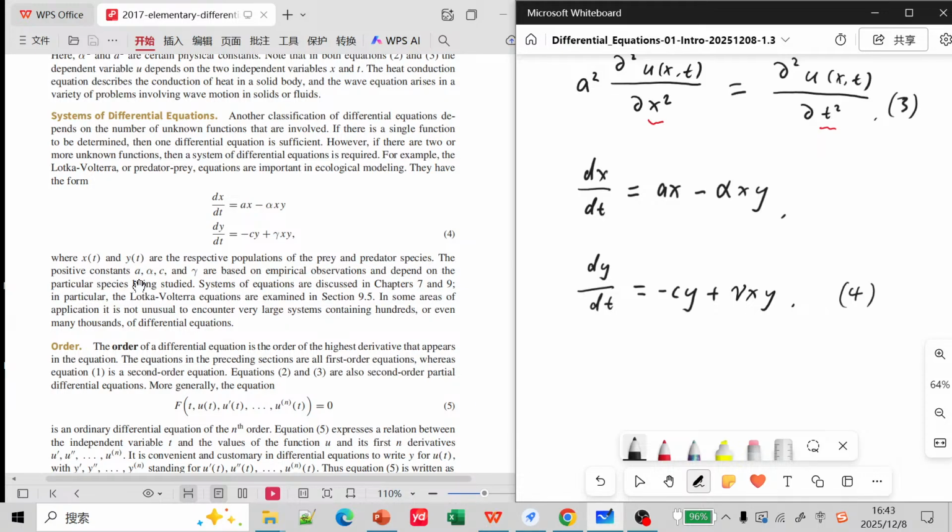The positive constants a, α, c, and γ are based on empirical observations and depend on the particular species being studied.